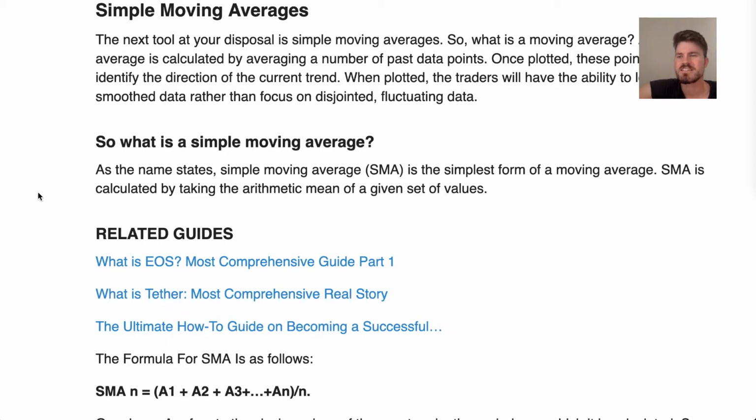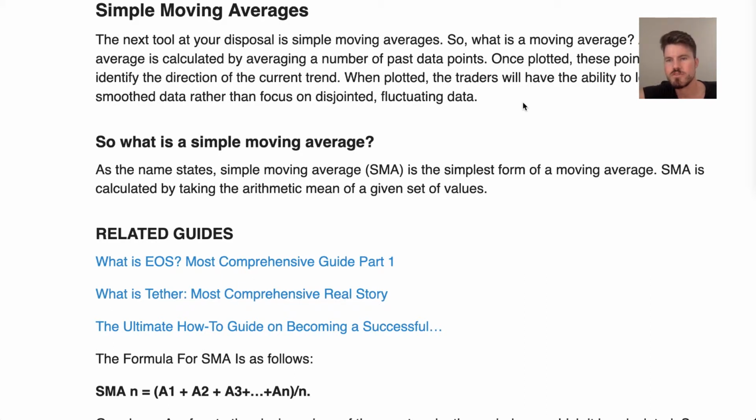Now, what is it exactly? A moving average is, like the name says, it moves with the price. It is calculated by averaging a number of past data points. Once plotted, these points will help identify the direction of the trend, and traders will have the ability to look at smooth data rather than focus on fluctuating data.